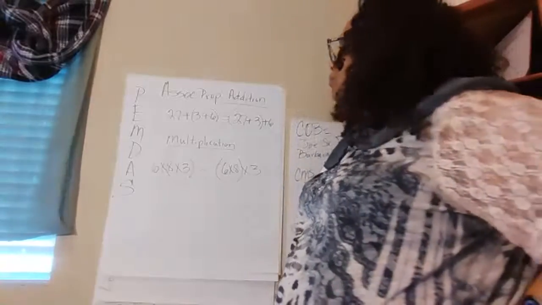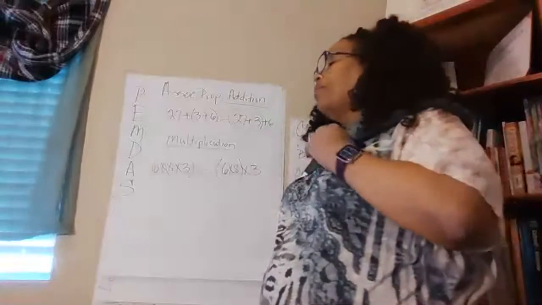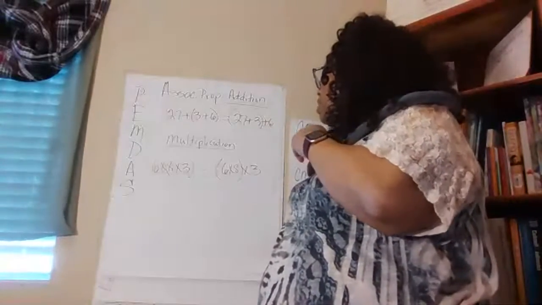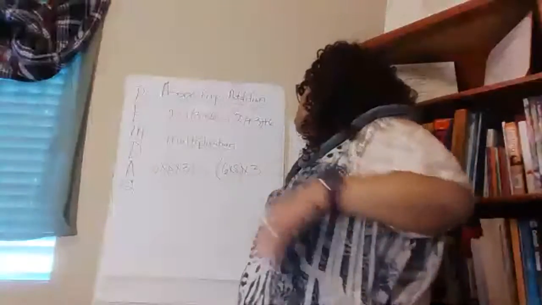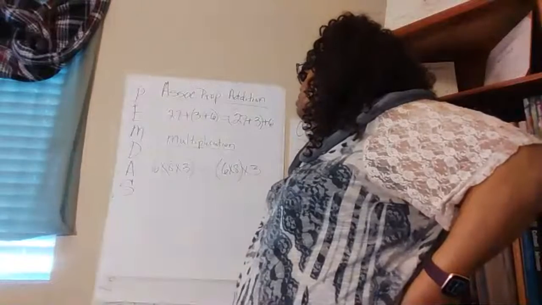Okay. And then on the other side of your paper, 5 spaces over, I want you to write 27 plus 3 plus 6.